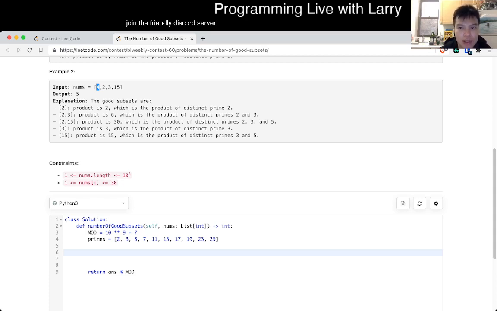But okay, so that means that for each one, it's 2 to the, so for each number we do 2 to the 10. Is that fast enough? Yeah, okay, I think so.